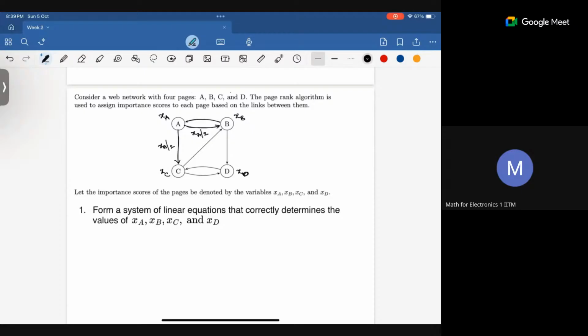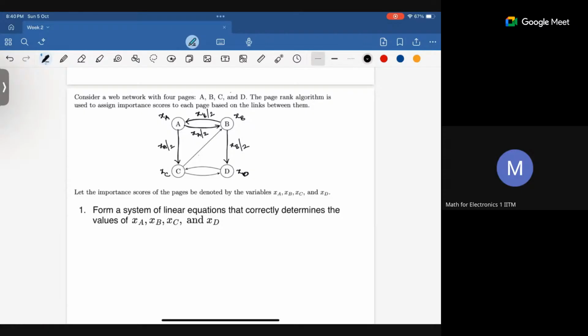Similarly, B has XB importance, and that importance is being shared to A and D. So this is XB by 2 and this is XB by 2.